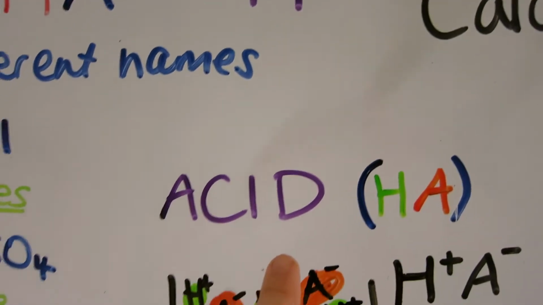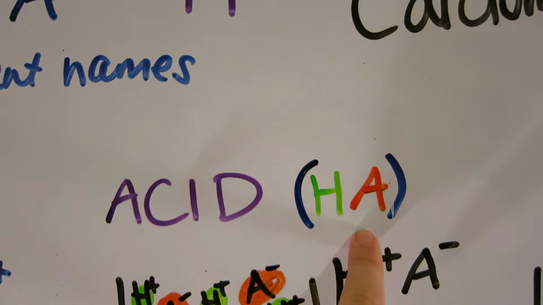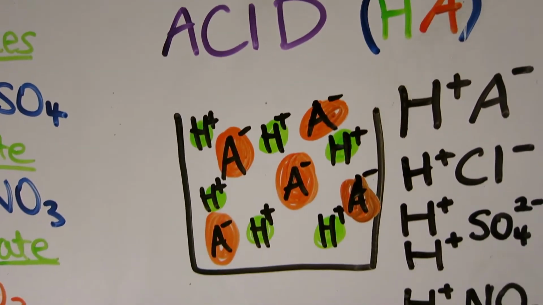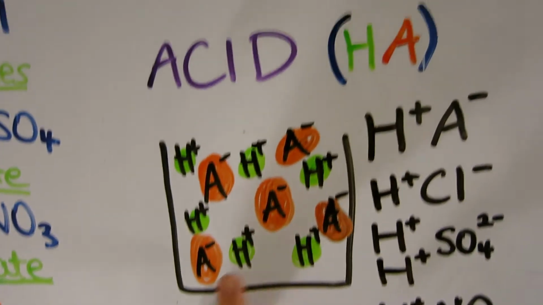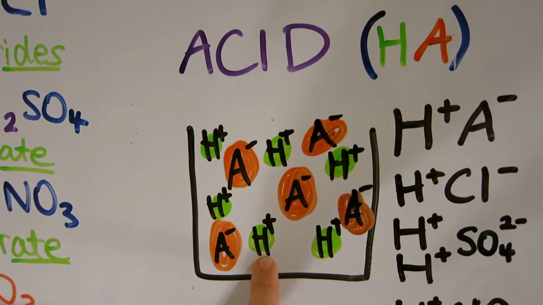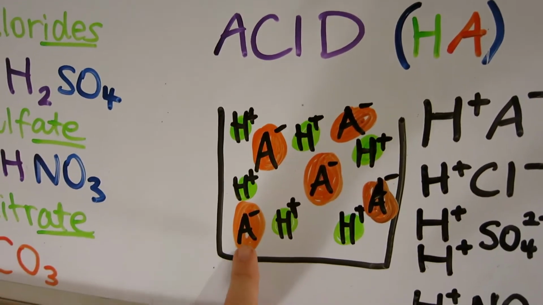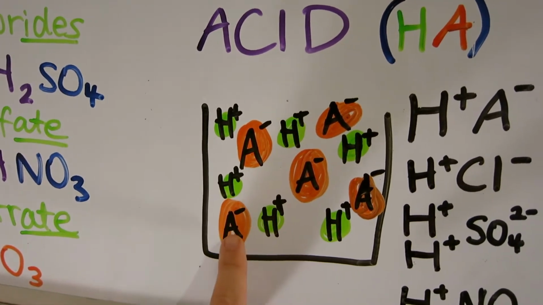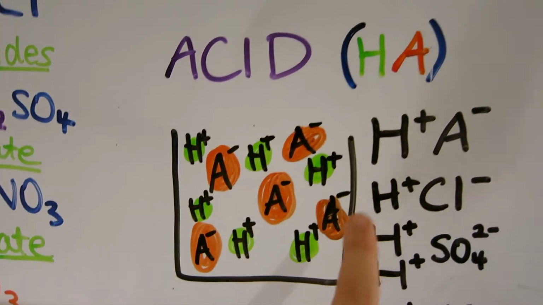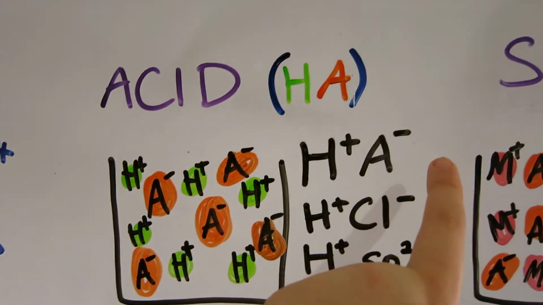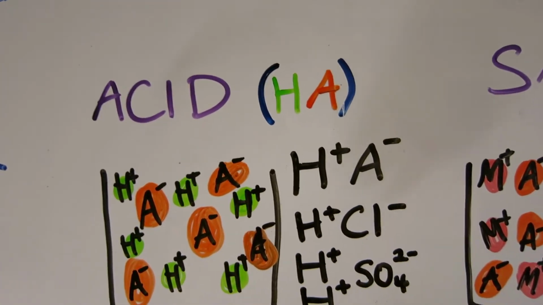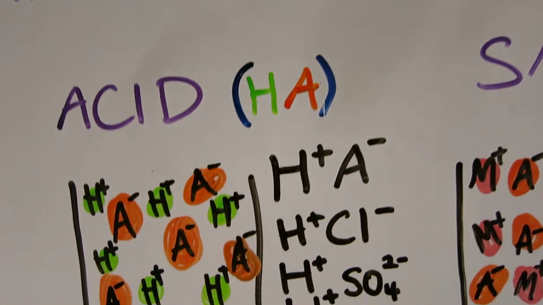As I said, for our acids, we have a generic form as HA. Basically, with an acid, we have two things floating around. We have our hydrogen ions, which are always positive, and whatever other species we have is always negative. So positive always goes with negative, so we want a neutral compound.